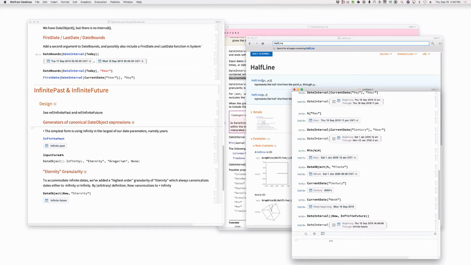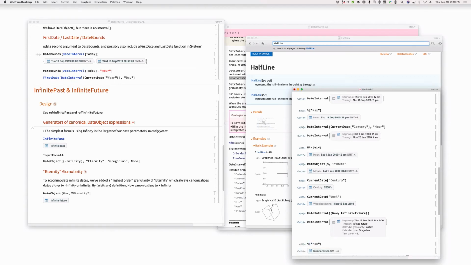Okay, so what the heck is this thing? Calendar granularity is instant. I don't understand that. So that's the collection of instants from now to the infinite future. Okay, so if I say the max of this, infinite future in GMT minus 4, that doesn't seem right.